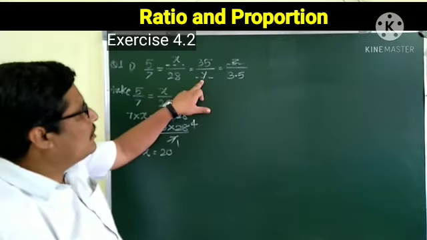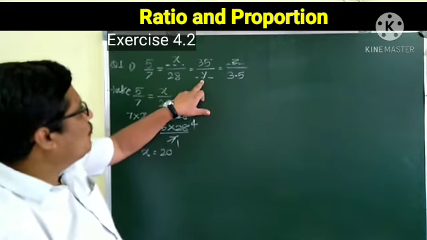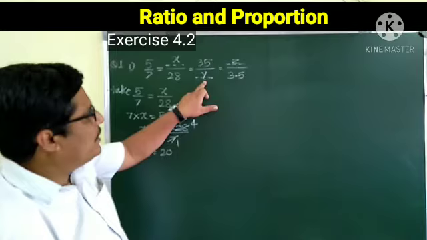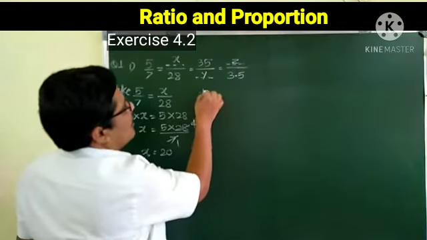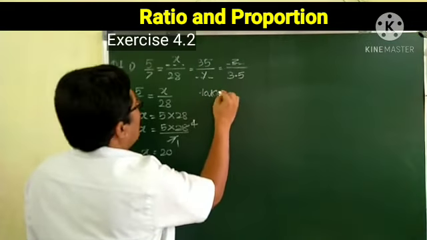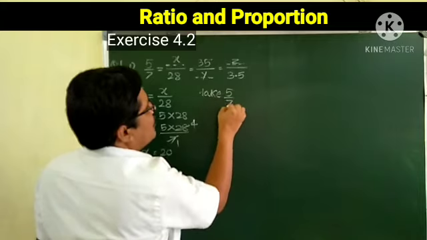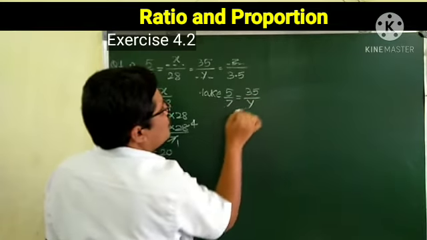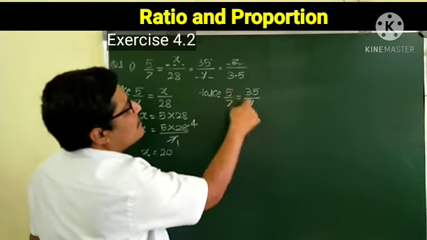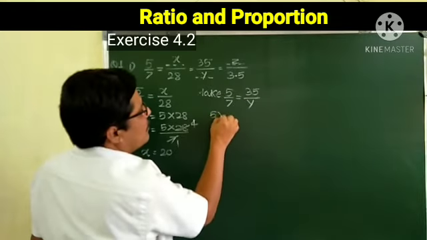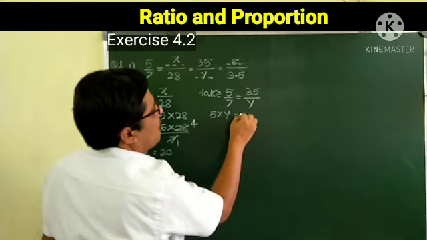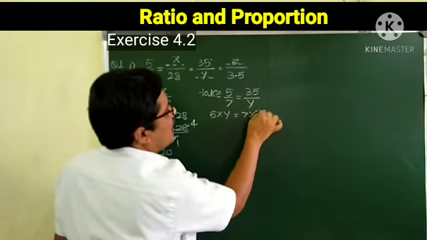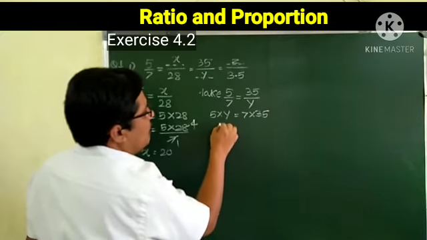Now we will go for this value. So for that we have to take first ratio and this ratio. So take 5 is to 7 is equal to 35 is to y. Now we will take this cross multiplication first. 5 multiplied by y is equal to 7 multiplied by 35.